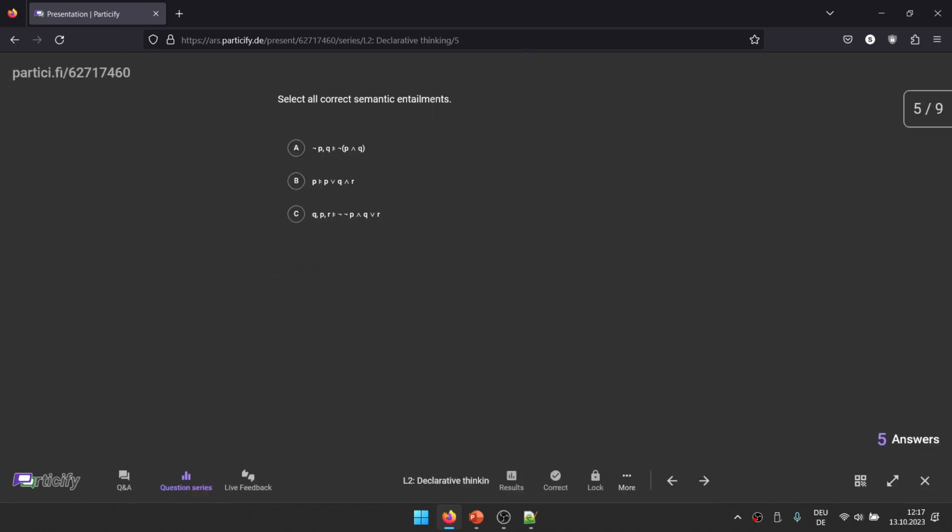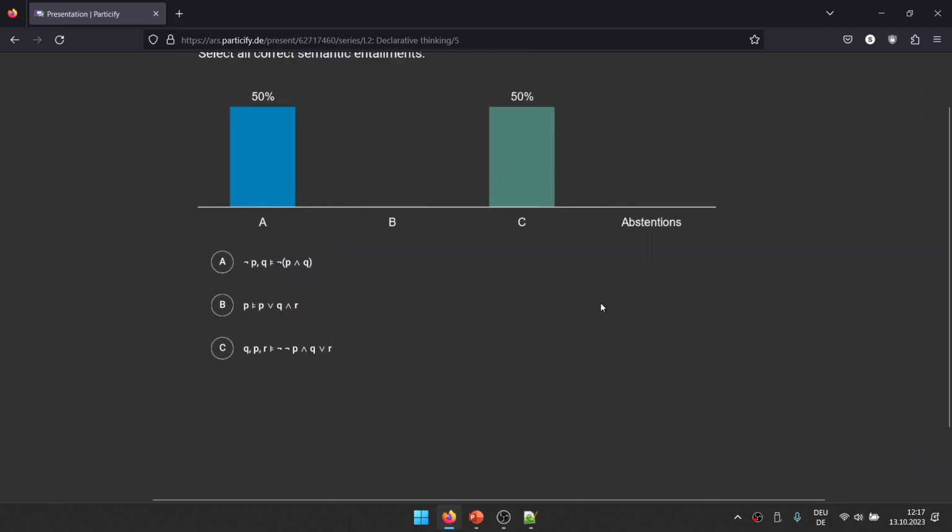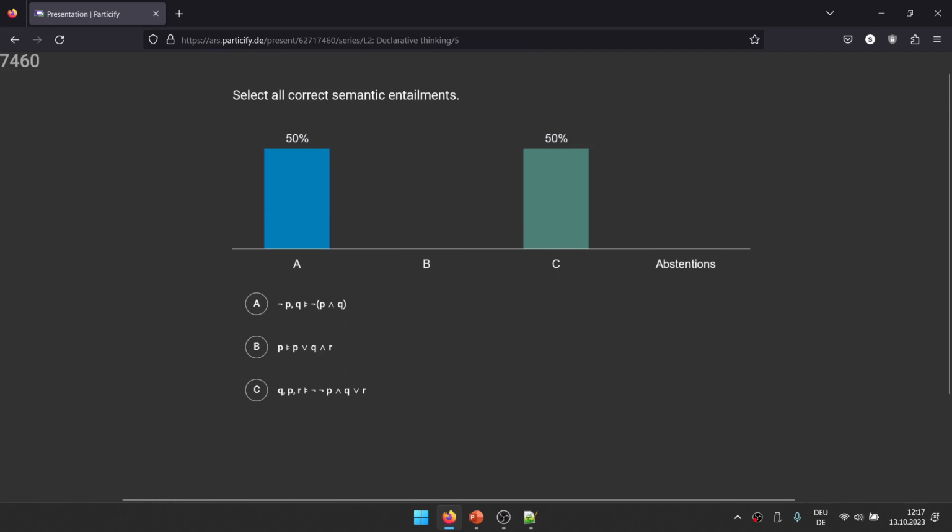Okay, so this one nobody likes, because we're basically only saying something about P. We have no clue what the values of Q and R could be, right? So now what do we have to do to see whether this is a semantic entailment? We know that P is true, right?